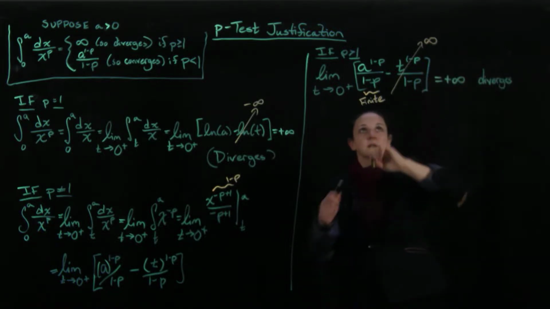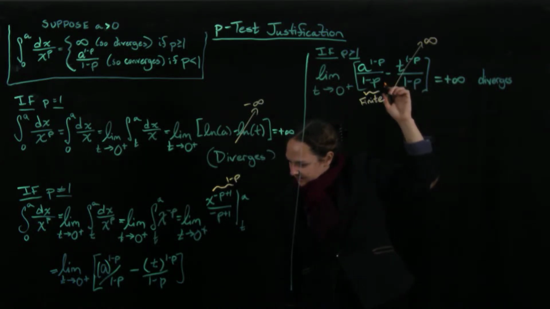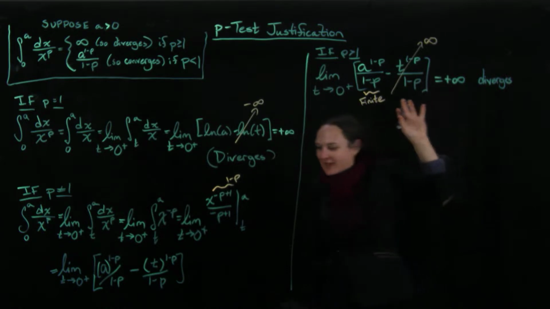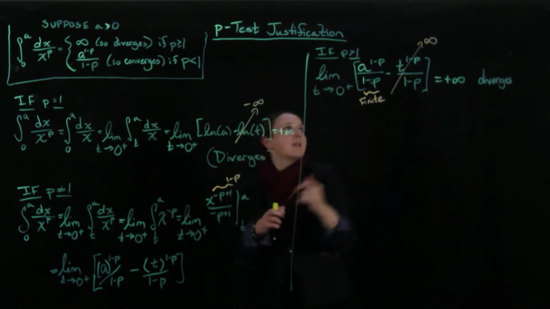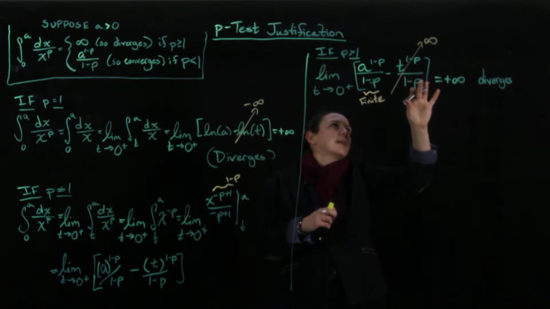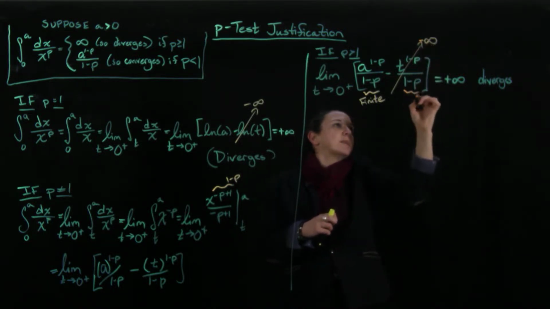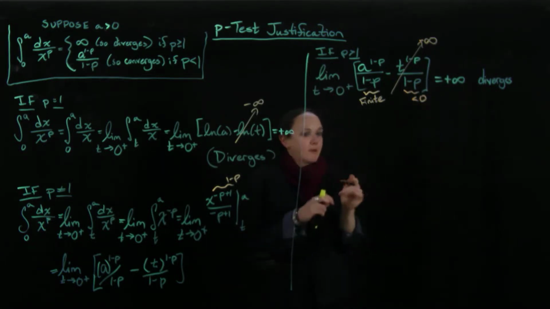Oops, this is going to go to negative infinity. Wait, negative. Oh, I see. No, it's positive. The tricky part is that this part is positive, but this part is negative. So maybe say minus infinity, with the tricky part being that 1 minus p is less than 0.